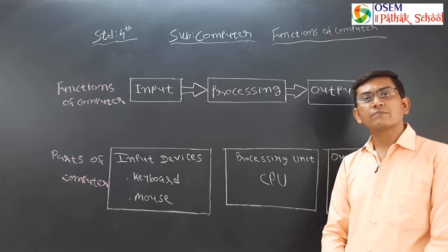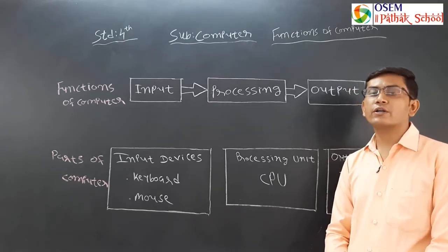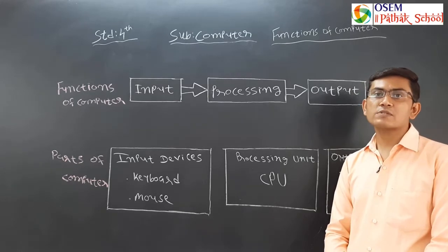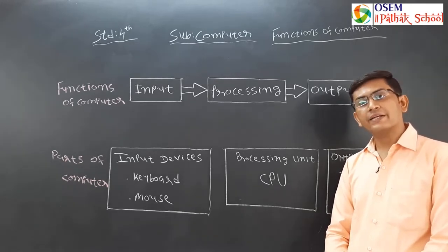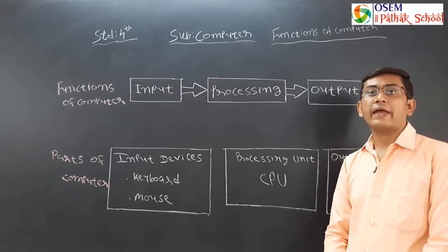The control unit controls and directs all the operations inside the computer, and the memory unit stores all the data, programs and information. You can save the data for future purposes also, and this data can be retrieved whenever you want.